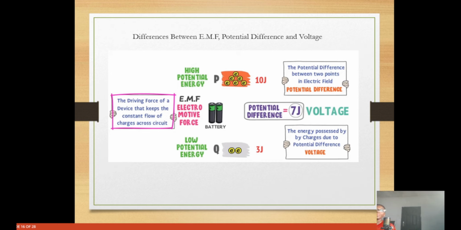It is the potential difference, and that is the work done in moving you from this point to this point. That is the potential difference, the work done. Then the energy possessed by charge due to the potential difference is called voltage. It's because of this potential difference that there is voltage. There is a move. This energy was here, there was a difference, and that is why we have our voltage.